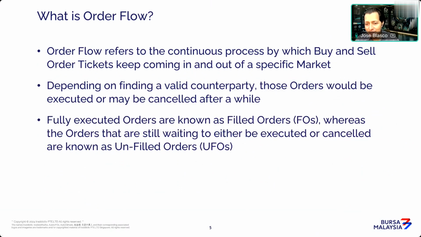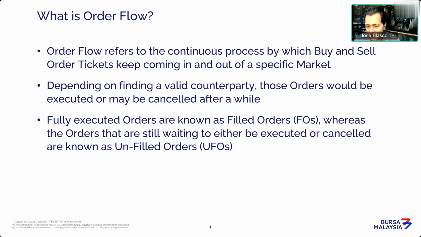And as we speak, there are millions and millions of people connected to the internet around the world, and some of them trade. The ones that trade may be clicking the buy button, and some of the others may be clicking the sell button. The moment they do that, order tickets are created and they travel through the internet, getting into your brokers, and from your brokers, they are then routed to the exchanges, right? Bursa Malaysia in this case.